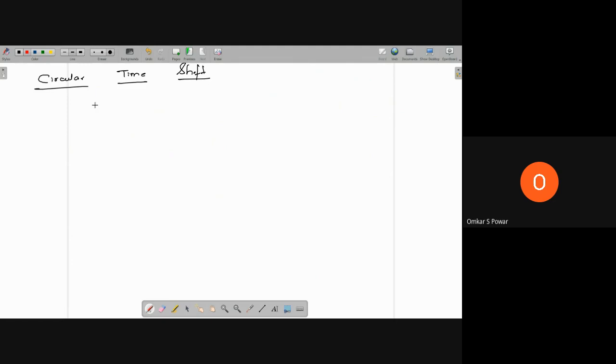According to the circular time shift, as the name indicates, it is a shift in the time domain. So x of n minus n naught, whole modulo N, is equal to X of k into e power minus j 2 pi by N into k into n naught.